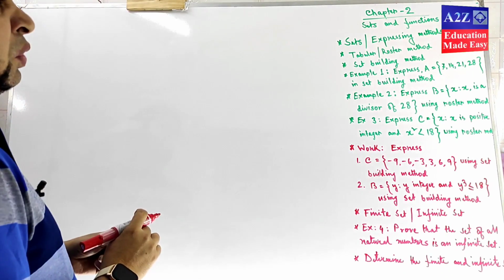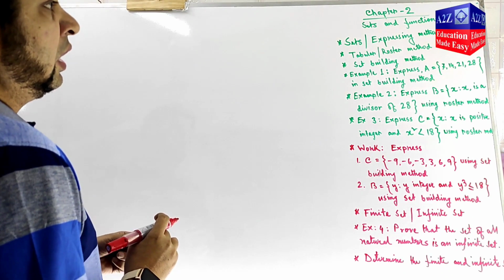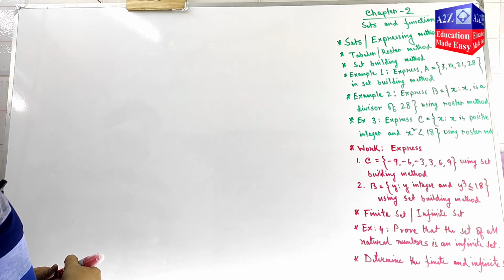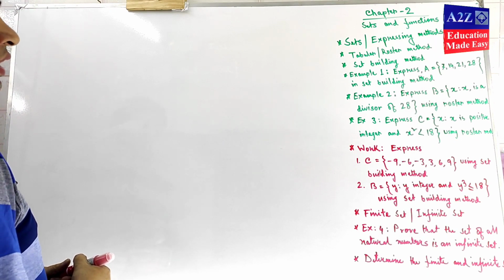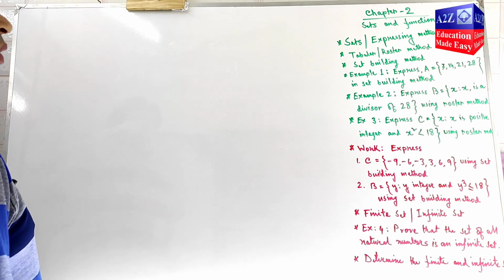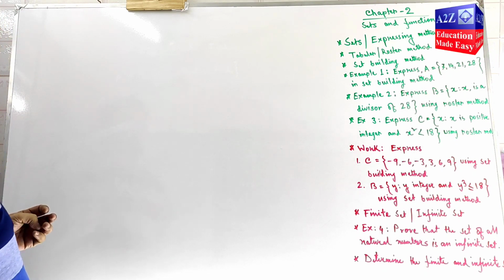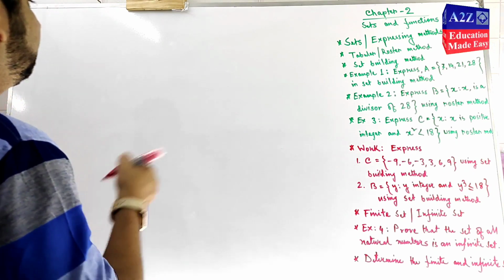This is known as the tabular or roster method. It is very common that we prepare a list of commodities before going to market. Say for example, today I would like to go to market to purchase some commodities like rice, fish and meats.